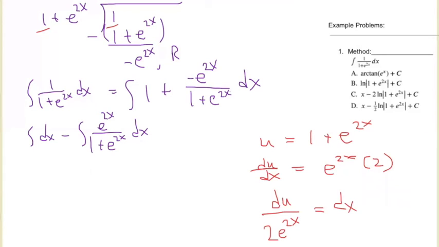Now, the U substitution part, I'm going to hold off. This integral dx is just going to have to wait a while. Minus the integral of e to the 2x over u times du over 2e to the 2x.